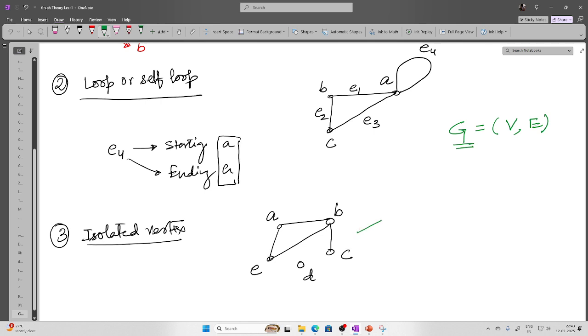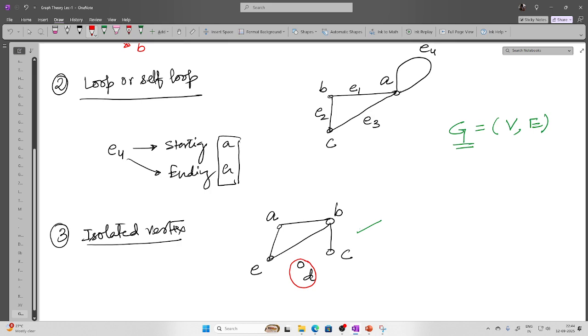So, now coming back to this graph, if you notice, all the vertices A, B, C, and E, they are connected. That means there is an edge between one vertex and another. Whereas there is one vertex, that is this one, D, which is not connected to any of the other vertices in the graph.